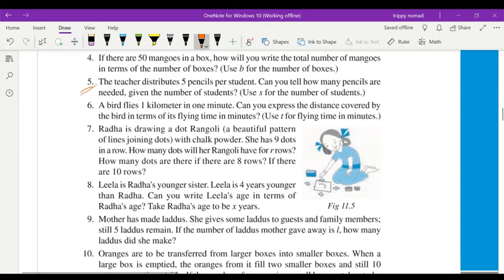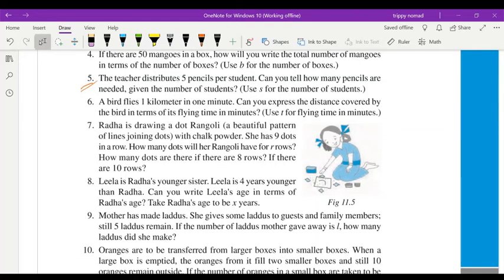And question 6. A bird flies 1 kilometer in 1 minute. Can you express the distance covered by the bird in terms of its flying time in minutes? Use t for flying time. Same way, children: in 1 minute, 1 kilometer.